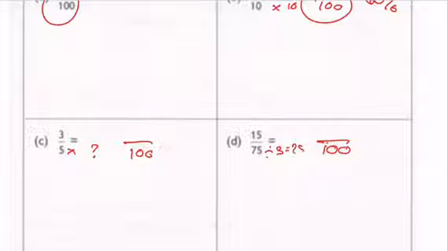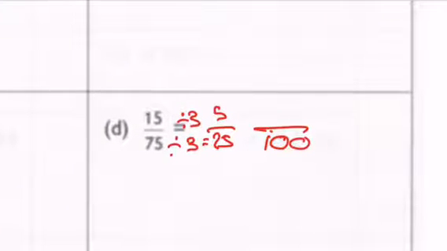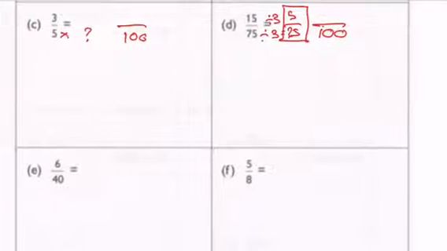I would get 25. 15 divided by 3 is 5. Do you think you can turn 5/25ths into 100? I'm sure that you could turn this into 100. Something crazy like this, 8ths.